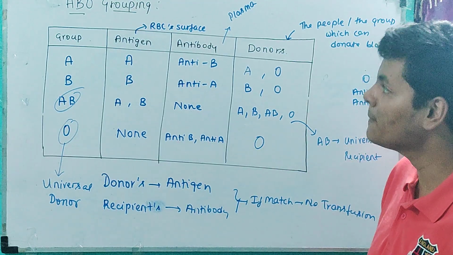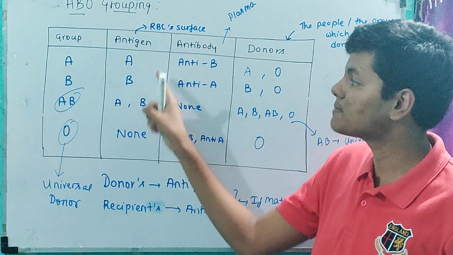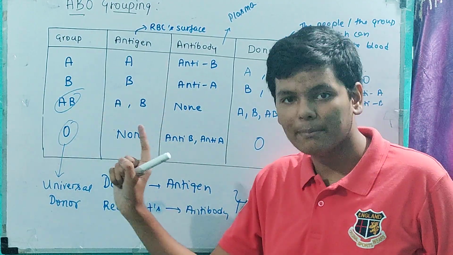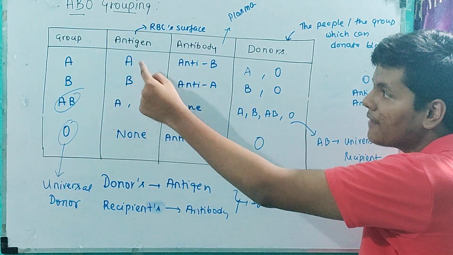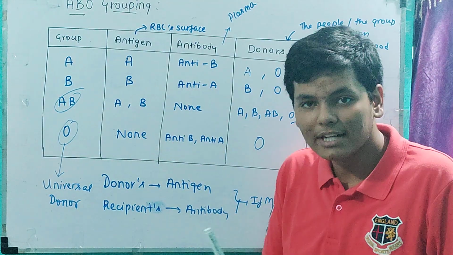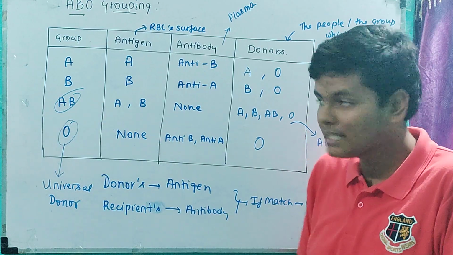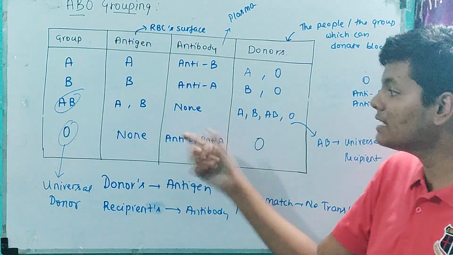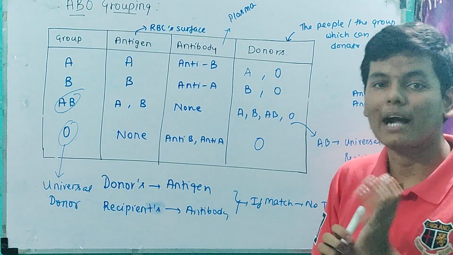If the surface has antigen A, then the blood group is called A. If it has B, then it is called B. If it has both the antigens A and B, then it is called AB, and if there are no antigens, then it is called group O. A person having blood group A will have antibodies against B antigen. An individual having blood group B will have antibodies against A antigen. If someone has AB group, they will have no antibodies, and if a person has O, they will have antibodies against both of the antigens.